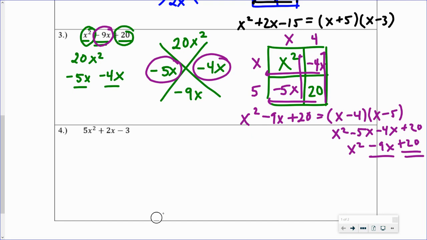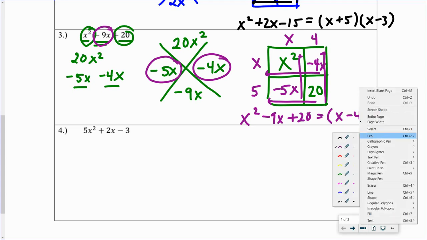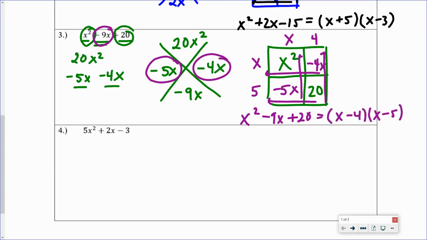All right, one last example. I'm going to erase this part just so we have some room. Now, this one's a little bit different than the others because if you notice, the leading coefficient is a number that's not equal to 1, but that's all right. This method's still going to work just fine. So, multiply the first term, so the quadratic term, and the constant term.